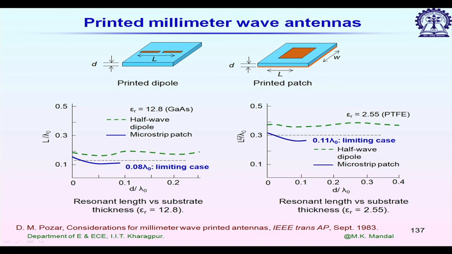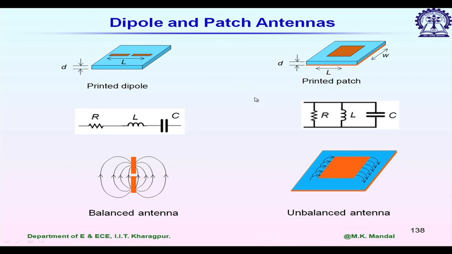At the fundamental resonance frequency, their length will be lambda g by 2, but they represent two different groups. Dipole antenna is an example of a balanced antenna, and printed patch antenna is an example of an unbalanced antenna.